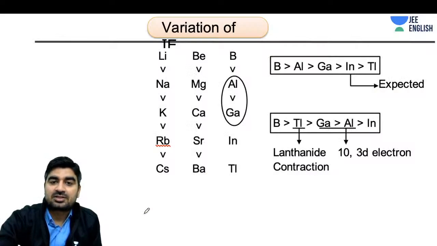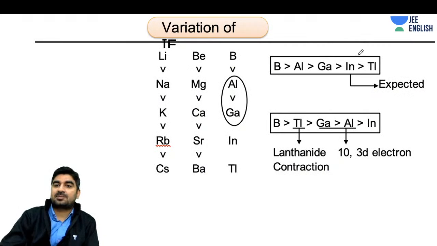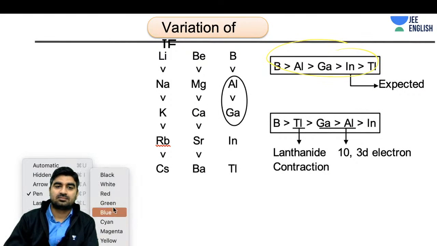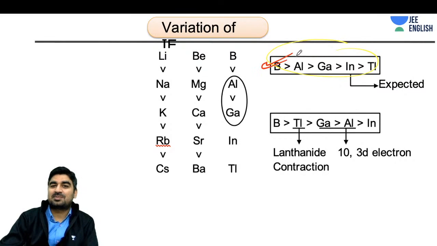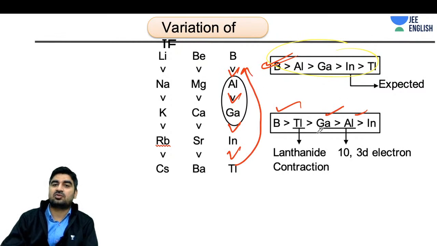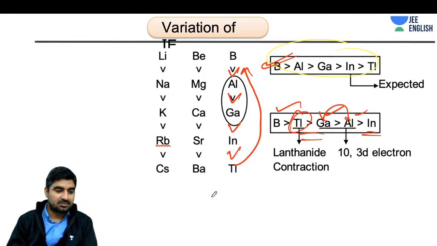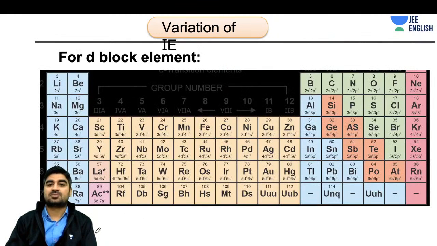So now let's do this. So this is expectation. Let me change the color. So this is expectation, right? But this is reality. So what is going on? Boron is going here, then thallium and gallium, then indium. Now you know the reason. So let's move.